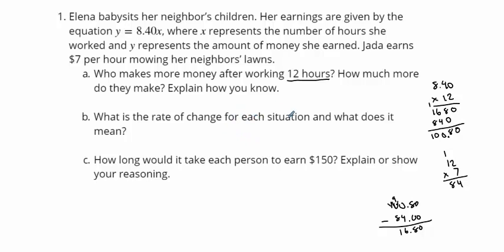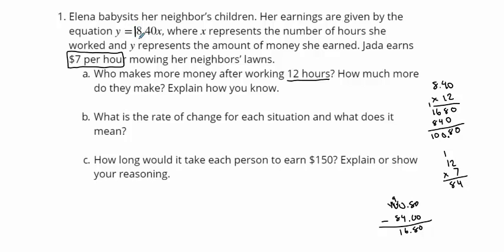What is the rate of change for each situation, and what does it mean? So the rate of change, how much does it change per hour, right? How much does it change after each hour? Well, this one is $7 per hour. That's her rate of change, $7 per hour.